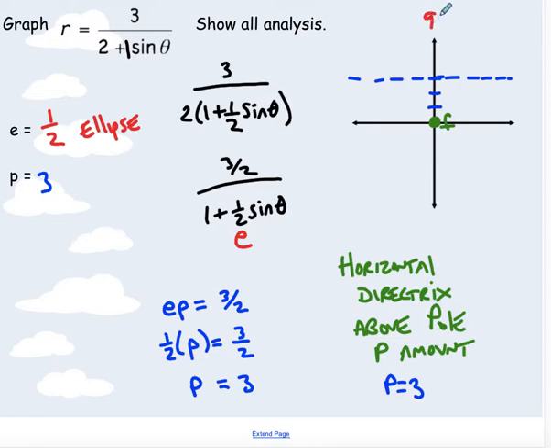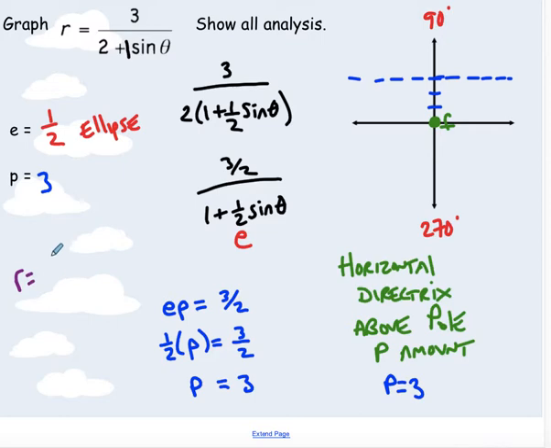So this would be a 90-degree angle and this would be a 270-degree angle. So what I'm going to do is plug a 90 into my equation. I can go back to the original equation, or I can use my modified version, but I think the original was just a little bit prettier. So I'm going to plug in to this original one.